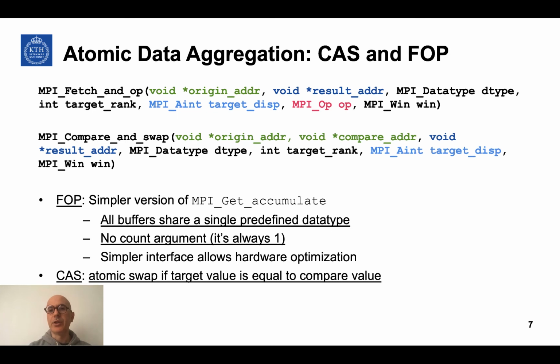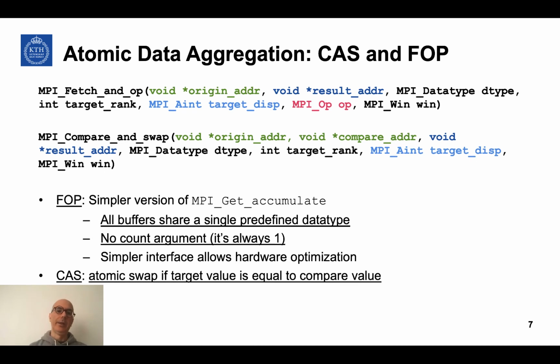There are also two other operations that we can use for aggregating and accumulating. They are MPI_Fetch_and_op and MPI_Compare_and_swap. MPI_Fetch_and_op is a simpler version of MPI_Get_accumulate. It is simplified because all the buffers share a single predefined data type, and also there is no count argument.